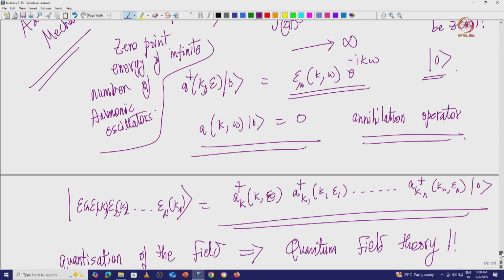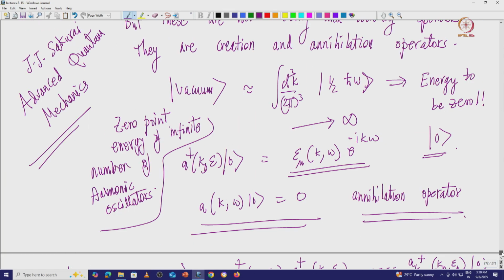The polarization vector has two values, epsilon 1 and epsilon 2, because the photon only has two polarizations, and k can have infinite values. Because k has infinite values, you will have an infinite number of A dagger and A operators.